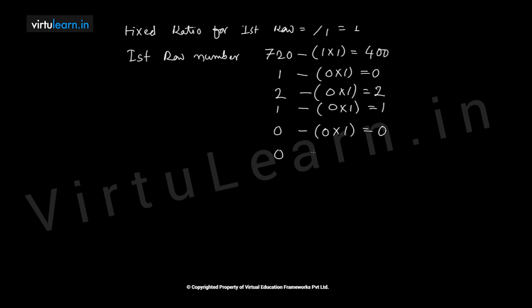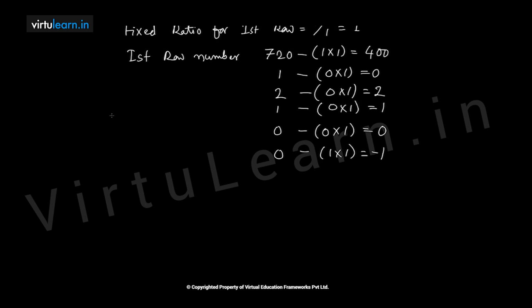Similarly, 0 minus 1 into 1 will give us minus 1. So these values we have to put in the first row.